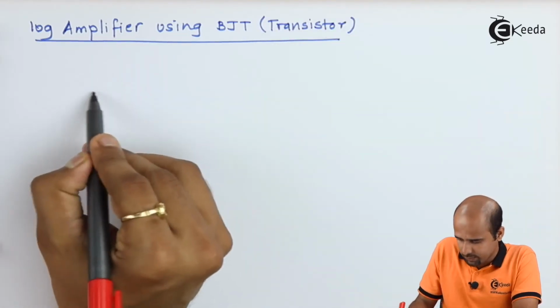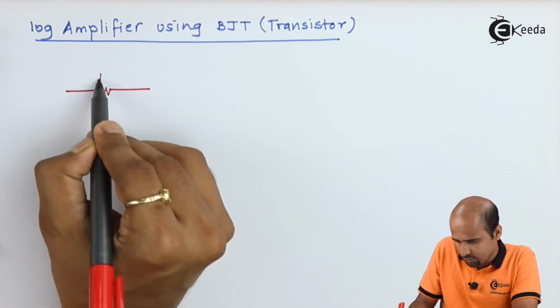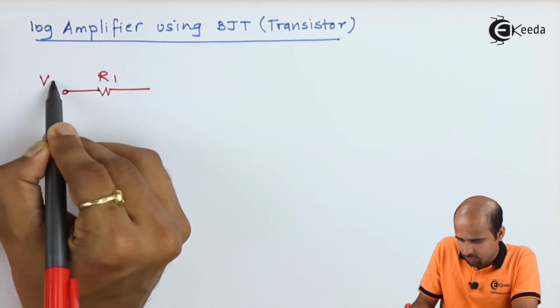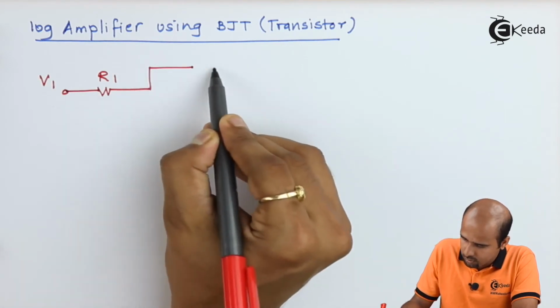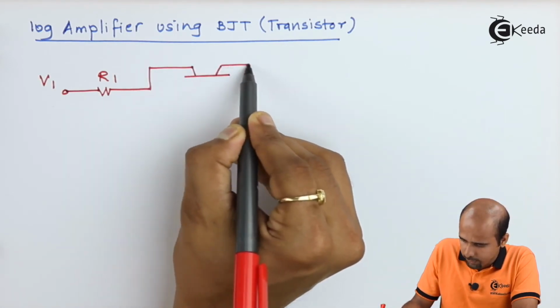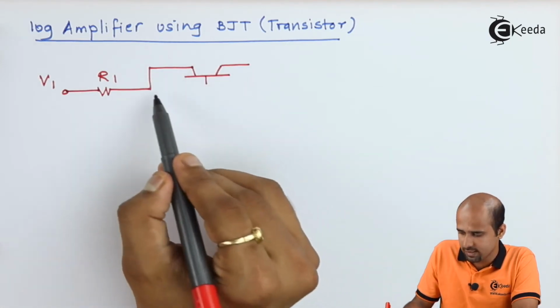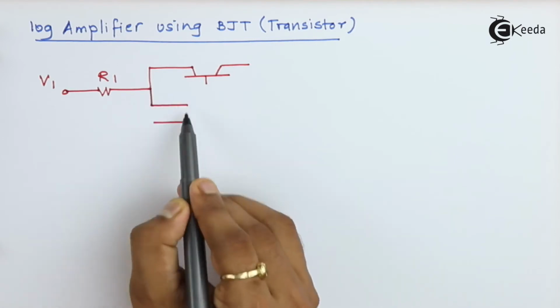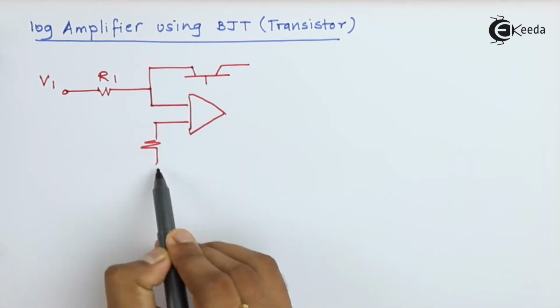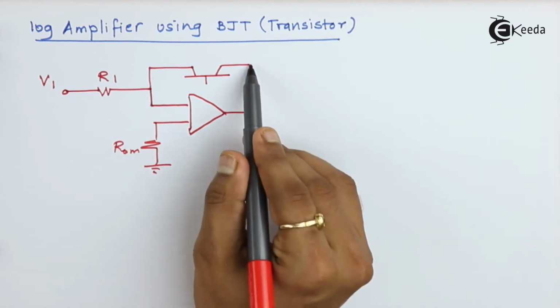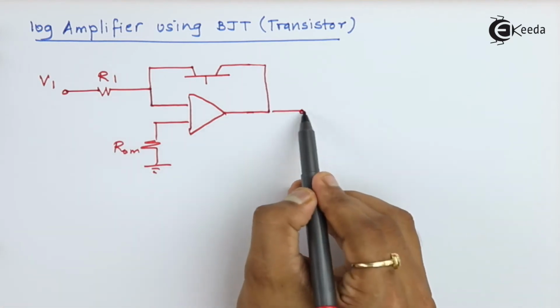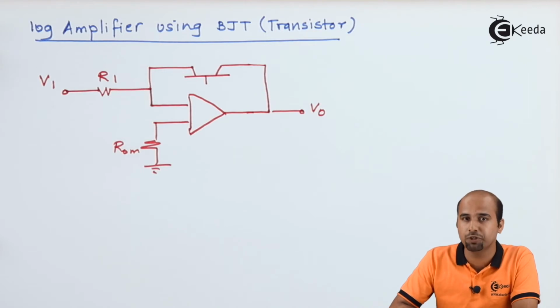We will draw the circuit: R1, this is V1. Here I will form a transistor. I will keep all the terminals as they are. Now the very crucial part is which terminal should be collector, which terminal should be emitter, and which terminal should be base, and at what particular potential it should be connected.